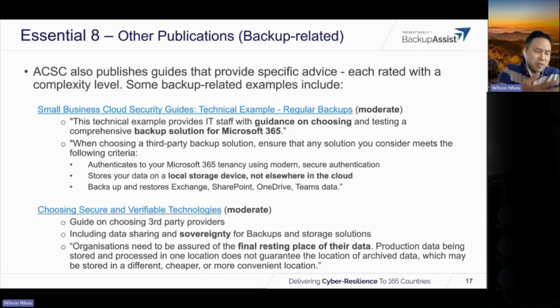I did mention this earlier, but basically you want to make sure that you know where your data is kept. In some situations, your cloud storage may be in one place, but they may archive their own data, so your data, into a different location, which could be a different country altogether, and that might break your data sovereignty requirements for your industry.